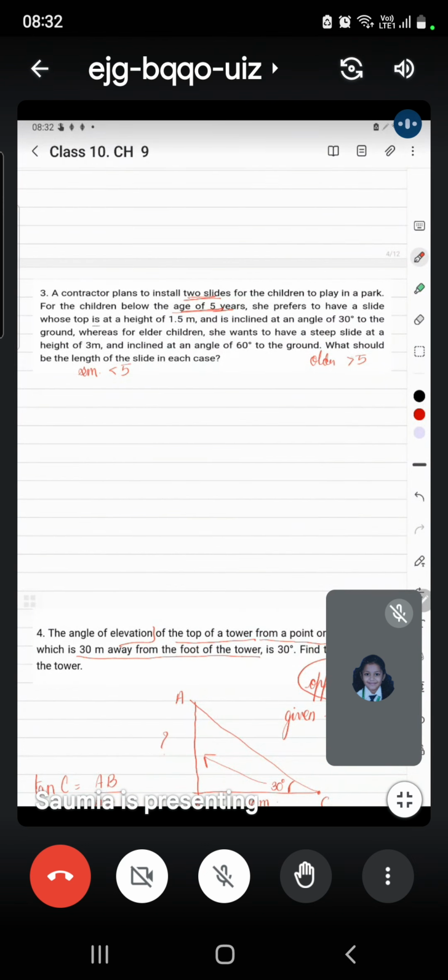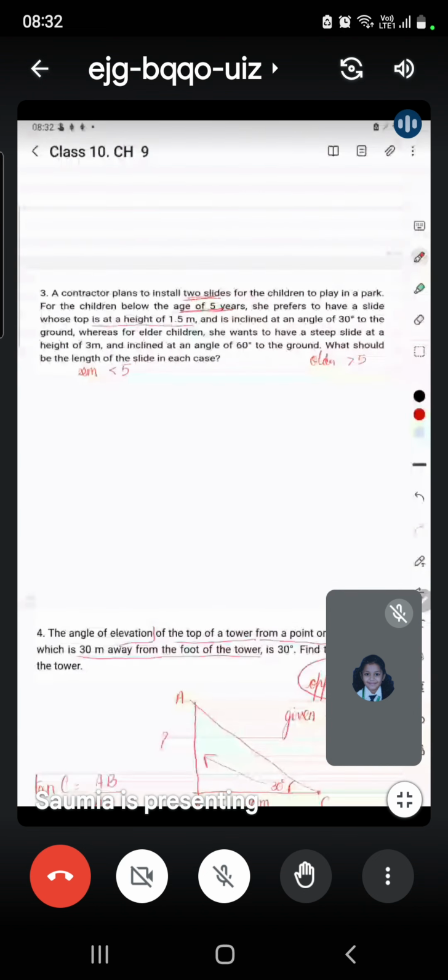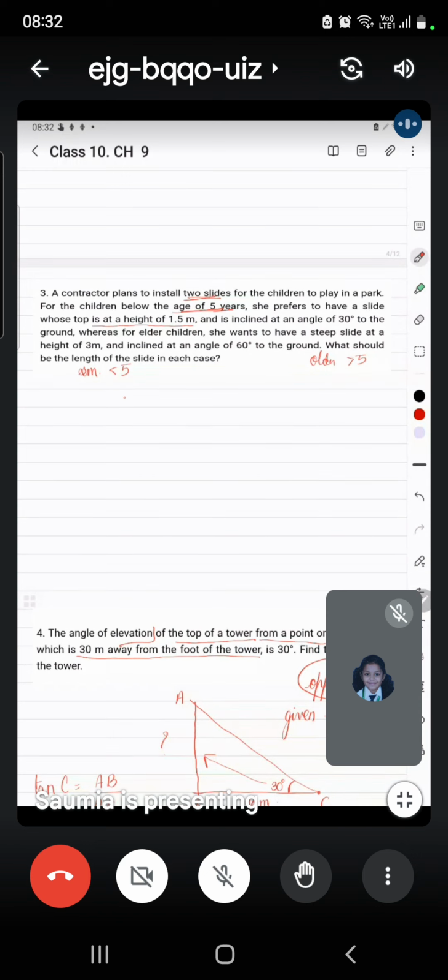She is preferring to have a slide whose top is at the height of 1.5 meters. That means when you climb the topmost step, you are standing from the ground at a height of 1.5 meters. You have already climbed this much portion and you're here. And then you're going to slide down here. Clear?